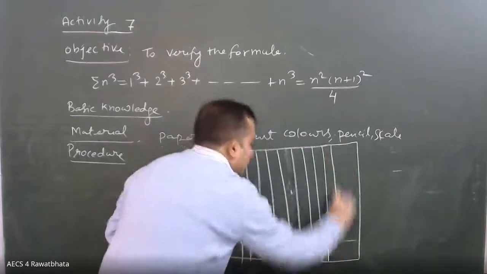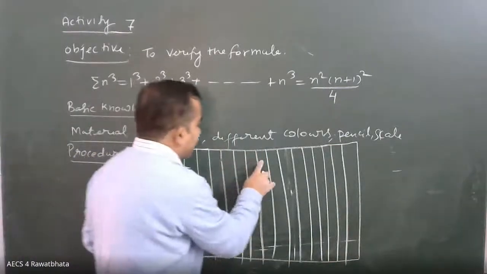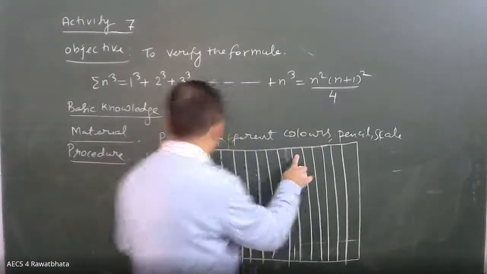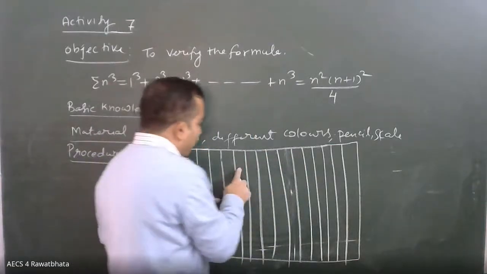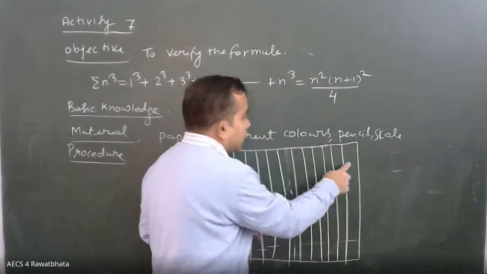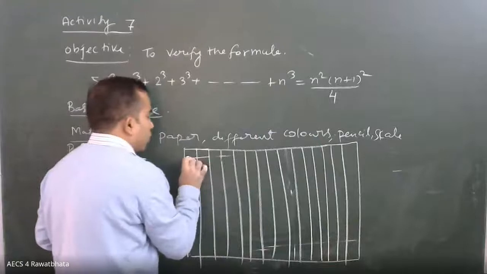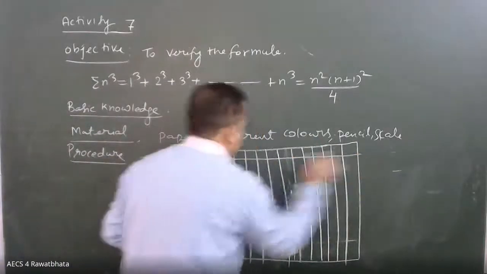How many strips, students? 1, 2, 3, 4, 5, 6, 7, 8, 9, 10. I missed. 1, 2, 3, 4, 5, 6, 7, 8, 9, 10, 11, 12, 13, 14, 15. Oh, exactly 15. Then draw the horizontal lines also.